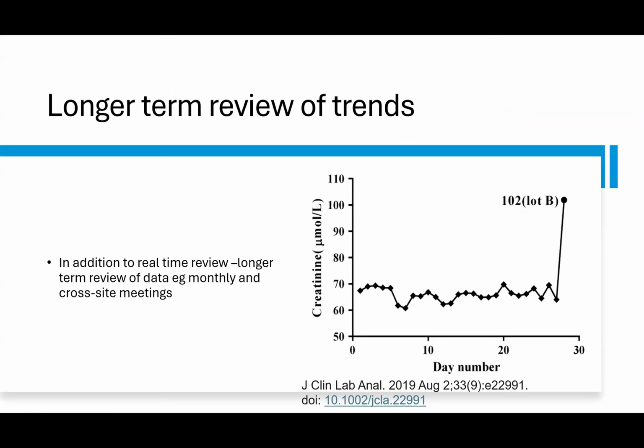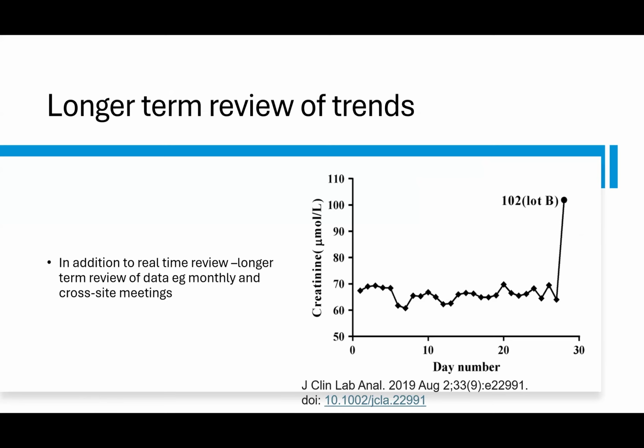This, for example, is a published paper you can have a look at, which shows that when they were looking at the median of serum creatinine results, for most of the month the medians were very, very similar, but suddenly they jumped up. If that happened in your results for your QCs, you would need to look into why that's happened.